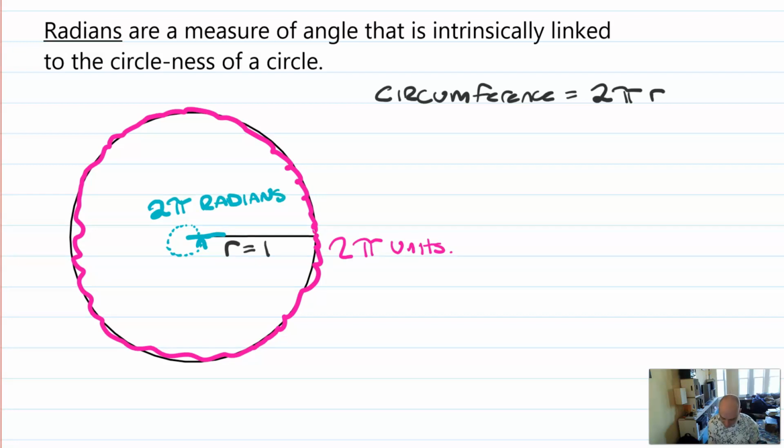So in a sense, 2 pi radians is equivalent to what we used to think of as 360 degrees. That said, I'm going to try to not use the word degrees throughout this video, and we're going to start thinking and working only in radians as fractions of circumferences of circles.